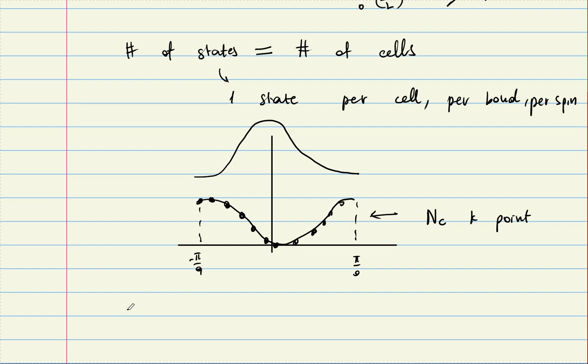We can, for example, consider so-called odd valence Bravais cells. What this means is each Bravais cell contributes 1 electron, or maybe 3 or 5, odd.